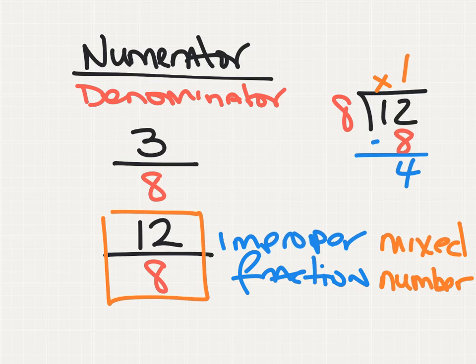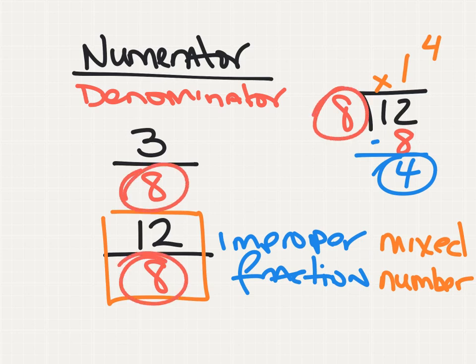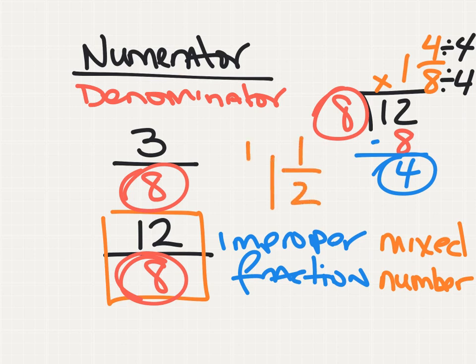My remainder becomes my numerator, and my divisor, which was my original denominator, stays as my denominator. And I have 1 4/8, which I can simplify by dividing both 4 and 8 by their greatest common factor of 4, which gives me the mixed number of 1 1/2. The improper fraction, 12/8, can also be written as the mixed number of 1 1/2.